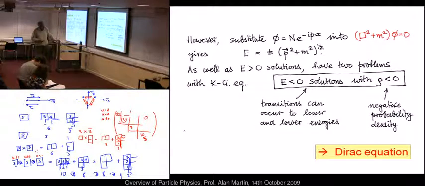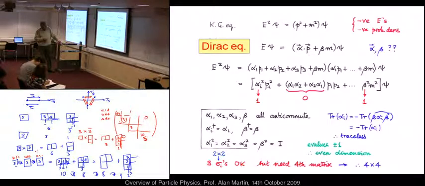Along comes Dirac. He'd noticed the problem was having a square here. And that gave negative energy solutions with negative probability densities. And he said, well, let us linearize this equation. So we've got energy, momentum, and mass appearing linearly in the equation.